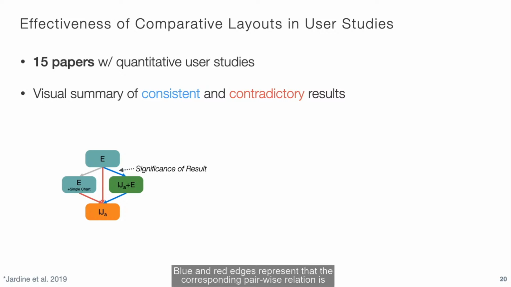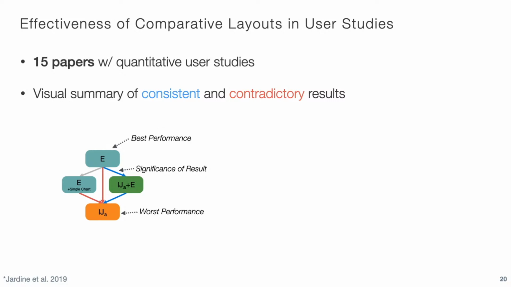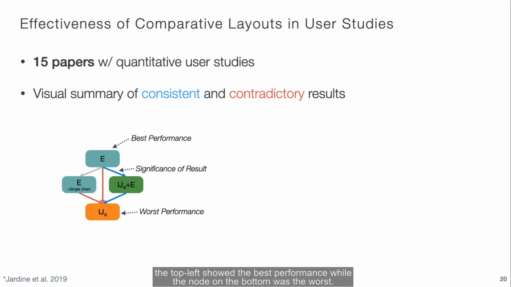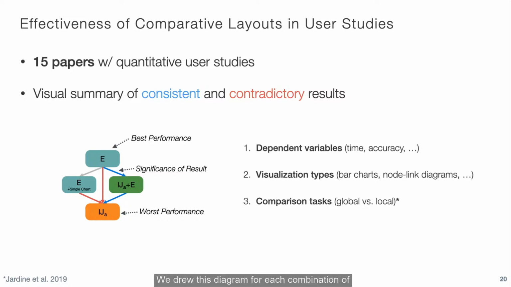Blue and red edges represent that the corresponding pairwise relation is consistent or contradictory across studies. Nodes are placed in a way that the node on the top left showed the best performance, while the node on the bottom was the worst. We drew this diagram for each combination of different dependent variables, visualization types, and comparison tasks.